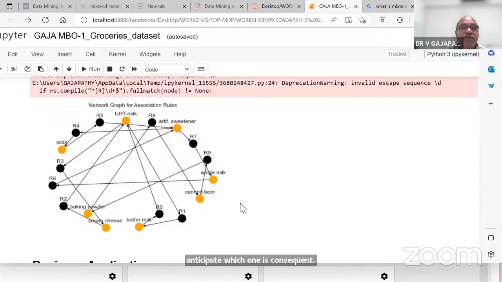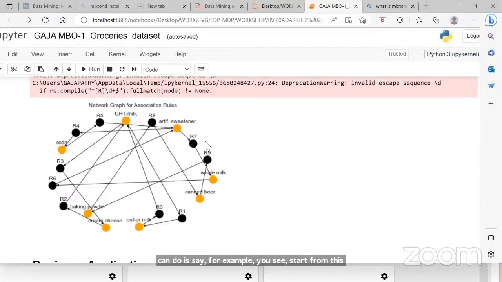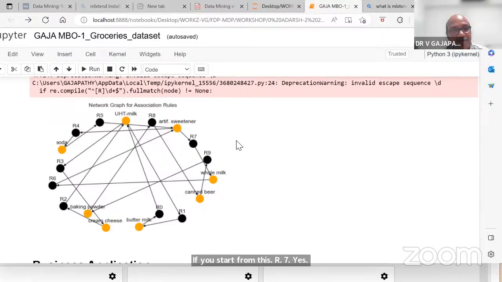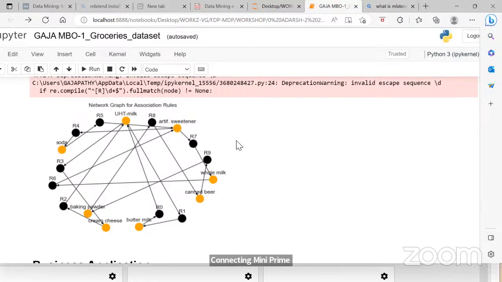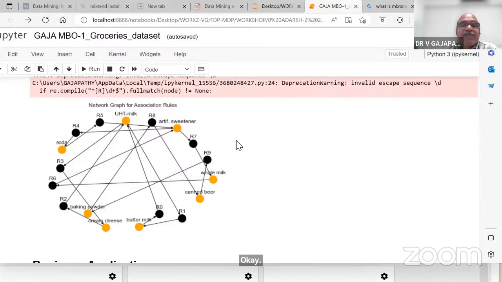So what you can do is, for example, start from R7, the sweetener. That is the one connecting to whole milk and many products. Whole milk sweetener is equivalent to artificial sweetener. So now what is your strategy?